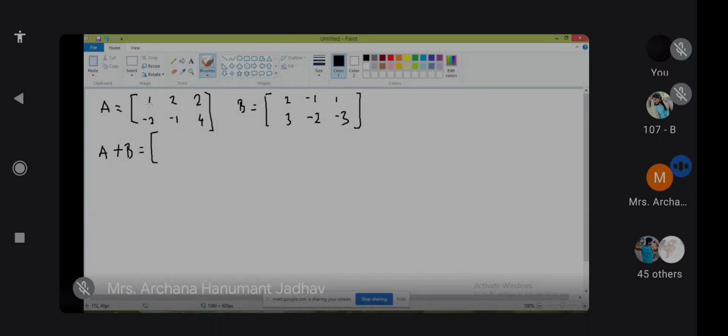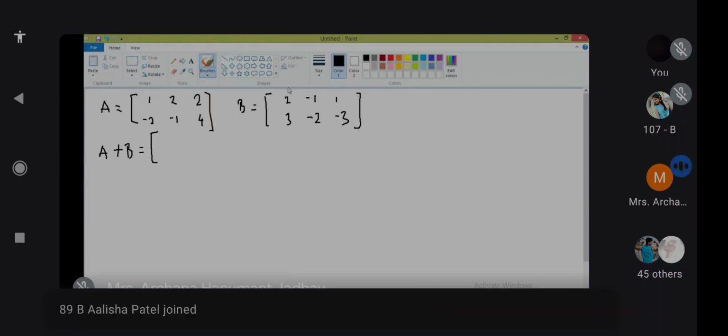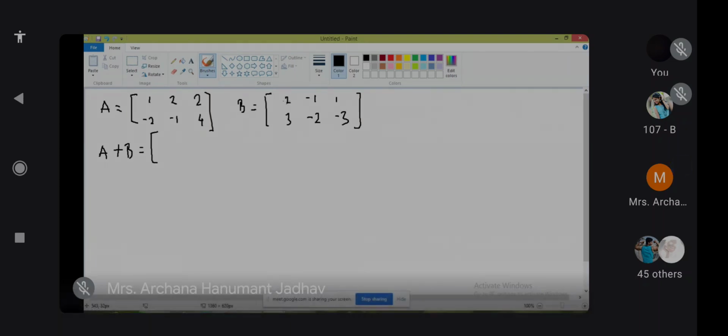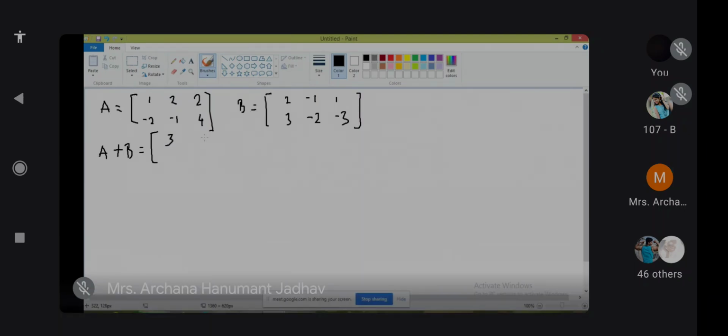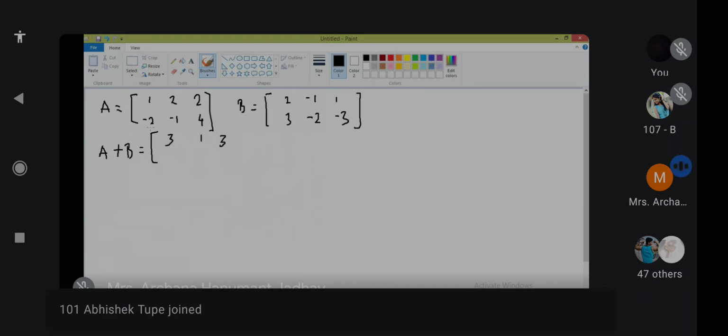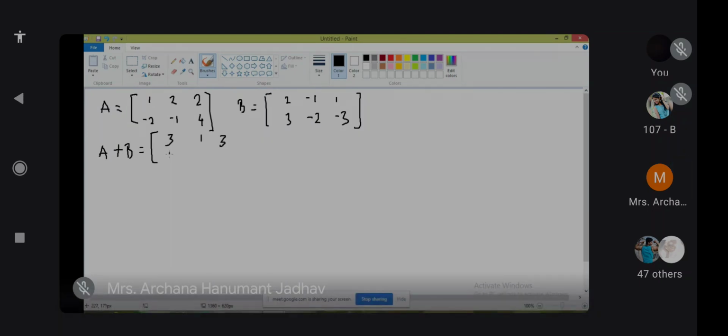So here first position 1, and the first position here is 2. So add them. 1 plus 2 is 3. Next one 2 minus 1 is equal to 1. Next one 2 plus 1 is 3. Next one minus 2 plus 3 is equal to 1. Okay, 3 minus 2.